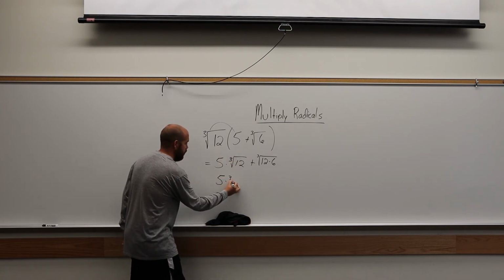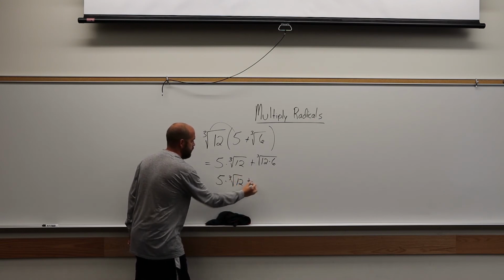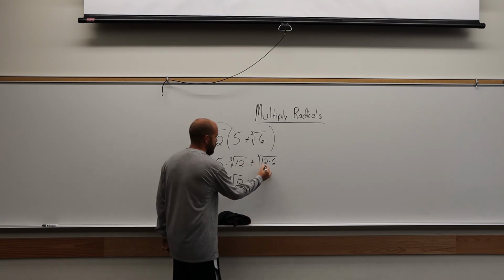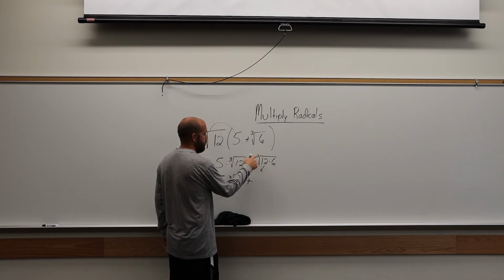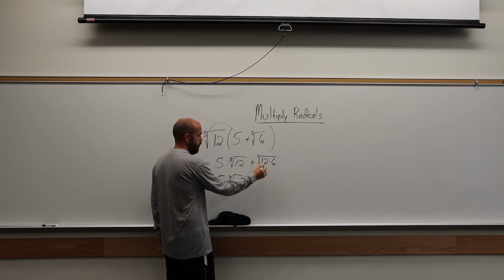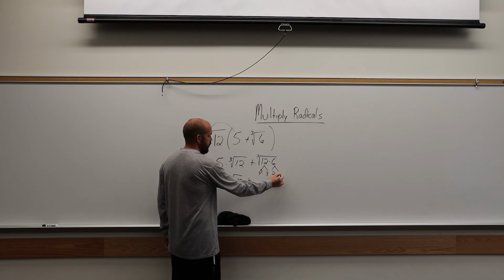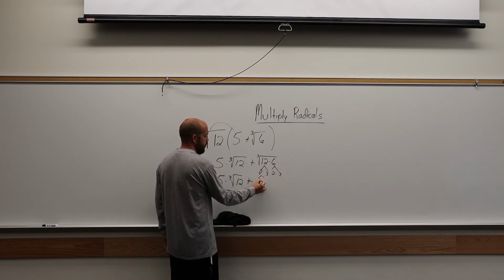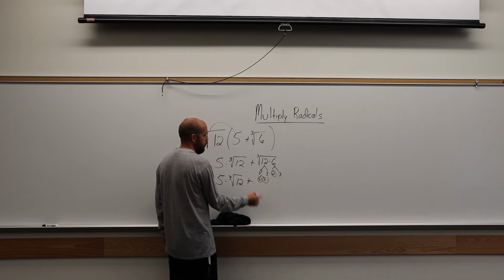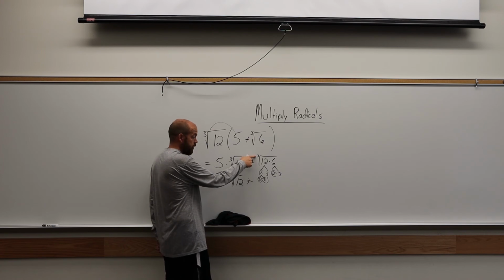5 times the cubed root of 12 plus, now this one though, I need 3 of something in order to take it out. So 12 is 4 times 3, and then 6 is 2 times 3, and 4 is 2 times 2. So I have 1, 2, 3 2's, which is enough. I can take a 2 out.